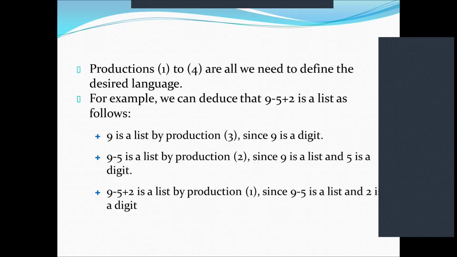So if 9 is a list, list minus 5 will be another list. And the whole thing is a new list that will be added with another digit 2. So 9 minus 5 plus 2 becomes another list. This is how you can deduce that your expression is nothing but a list.